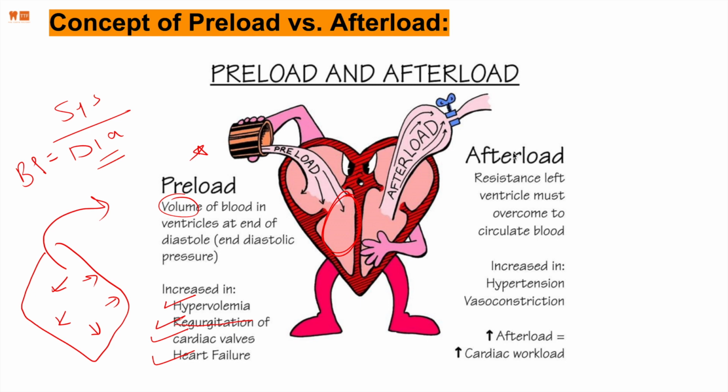Awesome. Now, let's talk about afterload. Afterload is the resistance that the left ventricle must overcome to circulate the blood. So basically, when the pressure on the wall increases, the ventricle must also fight back in order to get the blood out, in order to circulate the blood. That resistance is known as afterload.